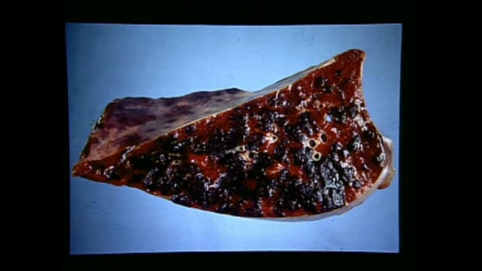It becomes very obvious on cut section that major areas of the lung parenchyma, particularly the alveolar parenchyma, are involved. Again, the process starts at the level of the capillary, apparently. Looking at such a lung microscopically, it is characterized by a lake of blood extravasation.